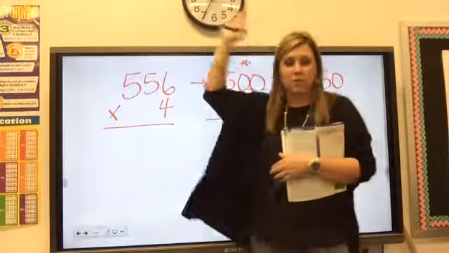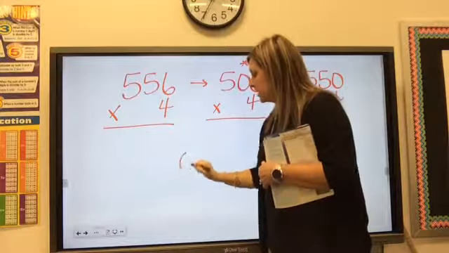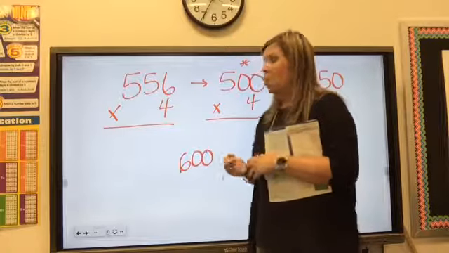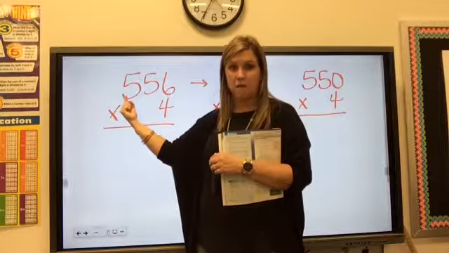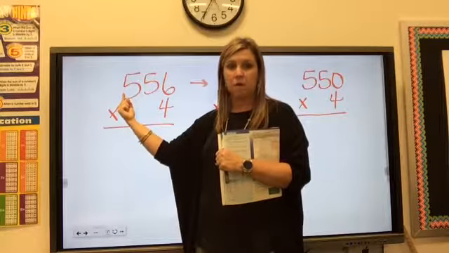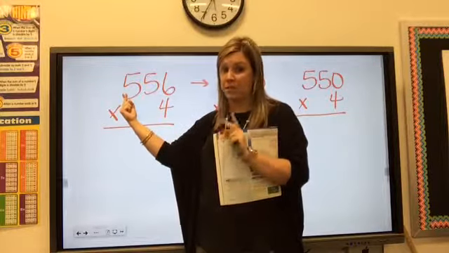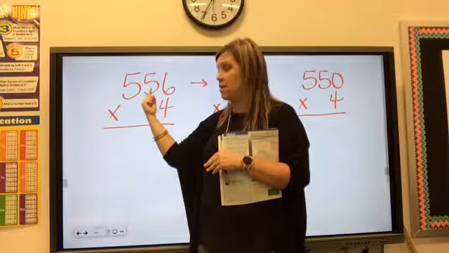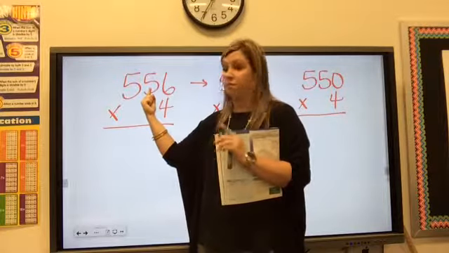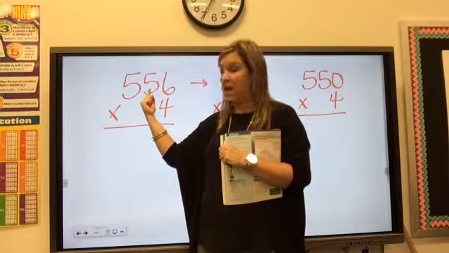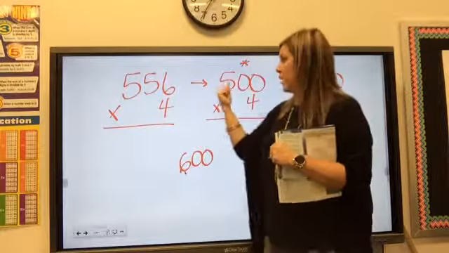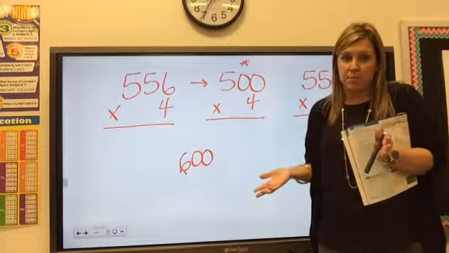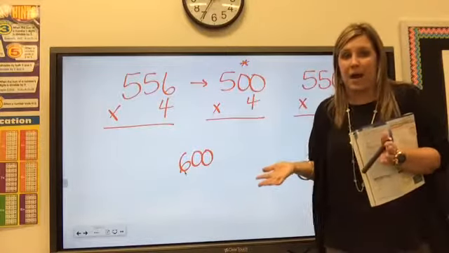Then somebody goes, well, Miss White, can I do 600? Well, the answer is yes, because if I was sticking to the rounding rule, I look at my neighbor: 5, 6, 7, 8, 9 is going to increase this number by 1, which will make it 600. So any of these 3 are acceptable because it's an estimate, it's about.